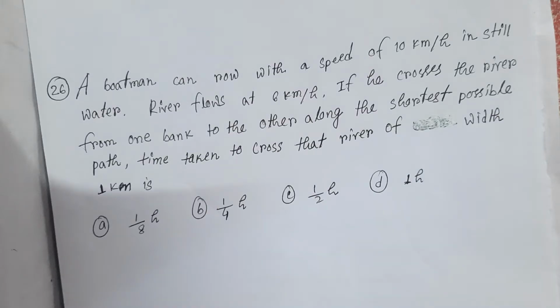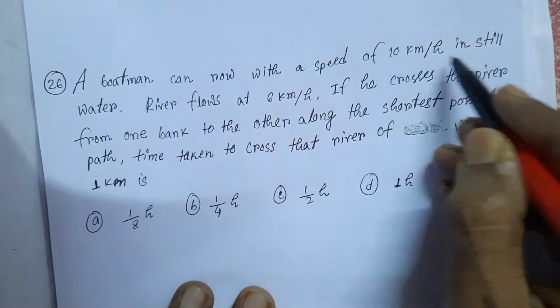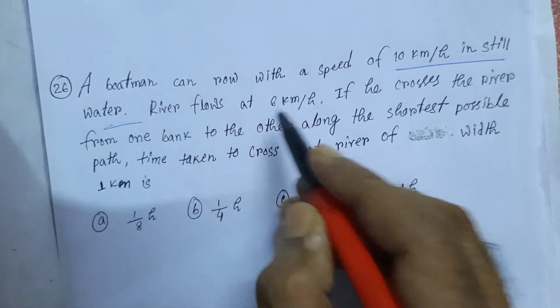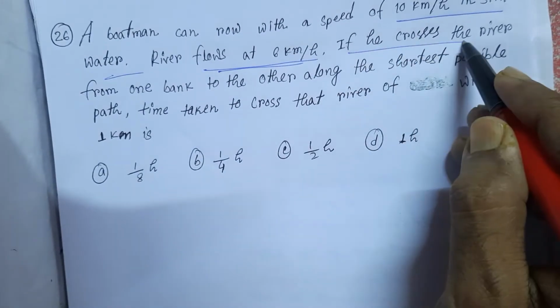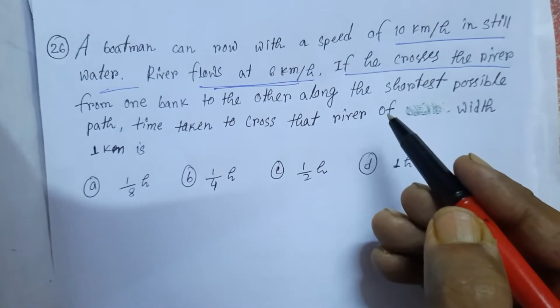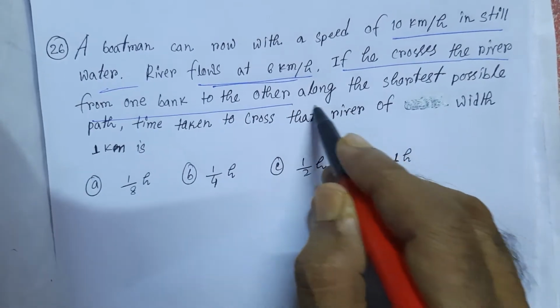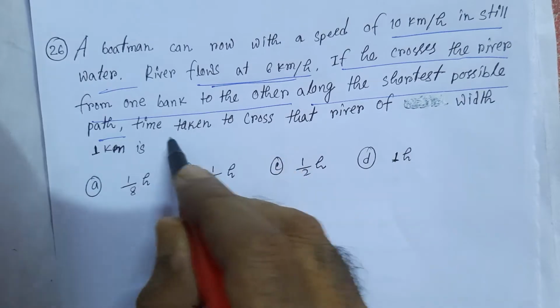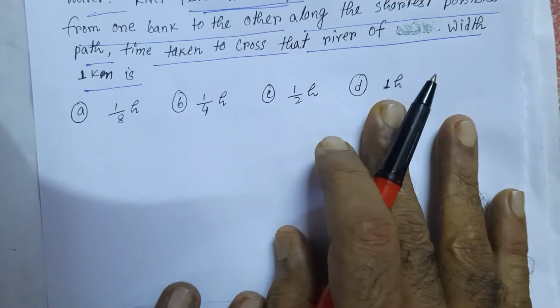In question number 26, a boatman can row with a speed 10 km per hour in still water. The river flows at 6 km per hour. If he crosses the river from one bank to the other bank along the shortest possible path, time taken to cross the river of width 1 km is.